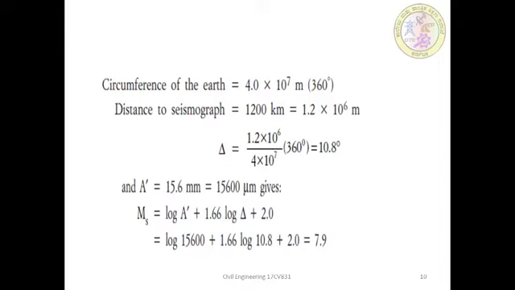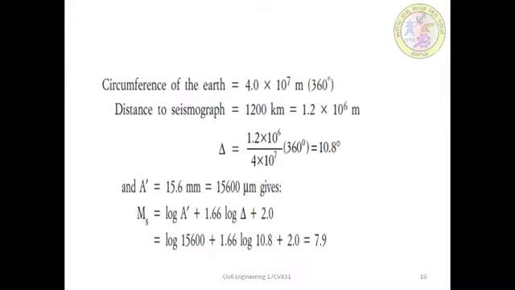Now according to the given data, the displacement is given, that is A dash, 15.6 into 10 raised to 3, so that we first convert it in terms of micrometers. That's why it is 15600, after converting. Now the available equation for the surface magnitude is Ms equal to log of A dash plus 1.66 log of delta plus 2.